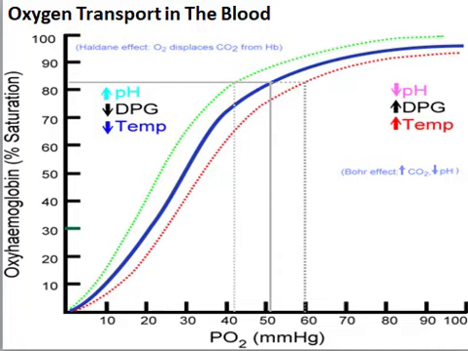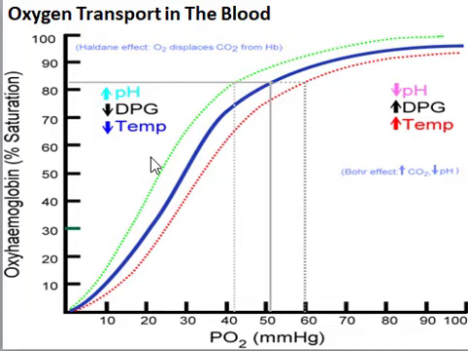Also, active tissue will produce more heat, and this temperature can give a signal to the hemoglobin to give more oxygen. And also, with the presence of this substance, hemoglobin can deliver more oxygen in this area, which is 2,3-diphosphoglycerate.